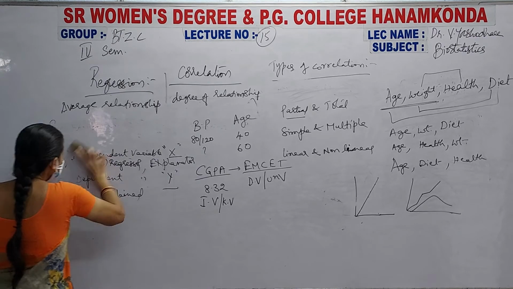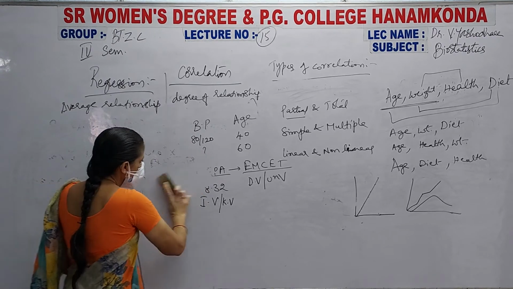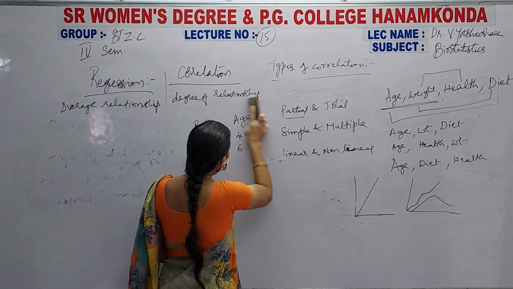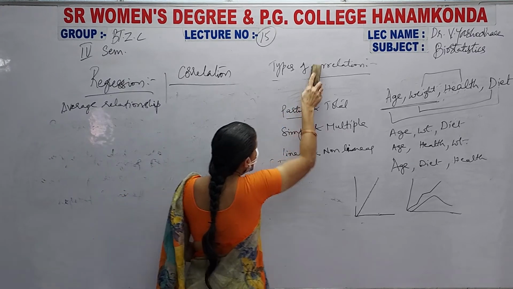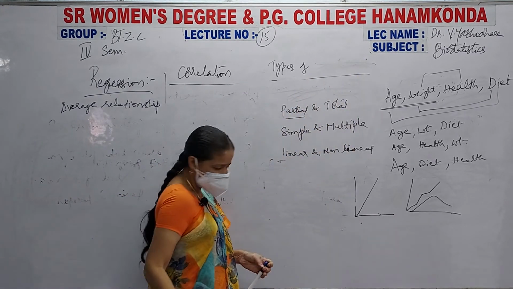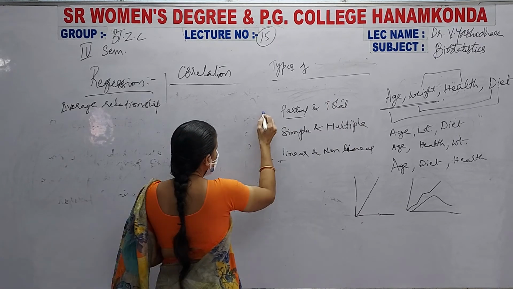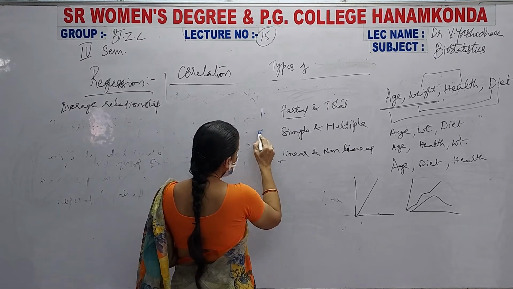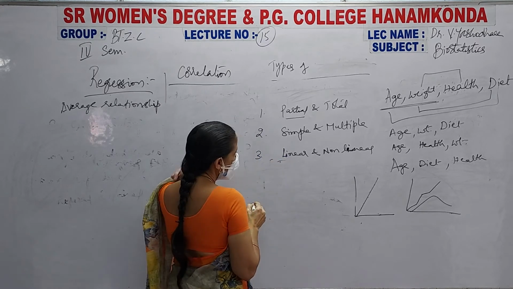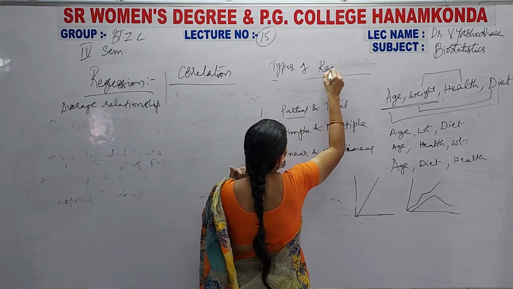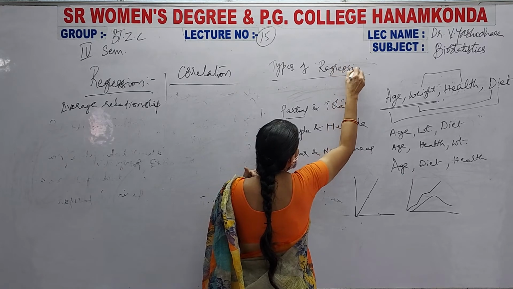Now, types of regression. I have already written that the types of regression are of 3 types. One is partial and total, second one is simple and multiple, third one is linear and non-linear regression. What is partial?